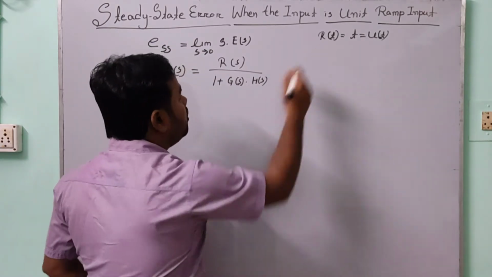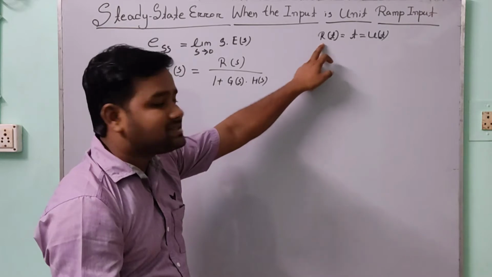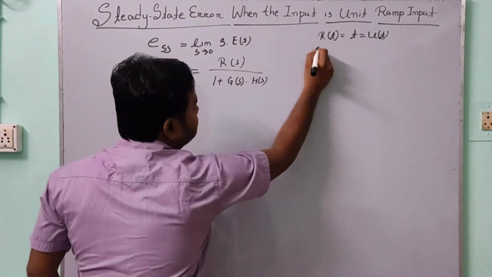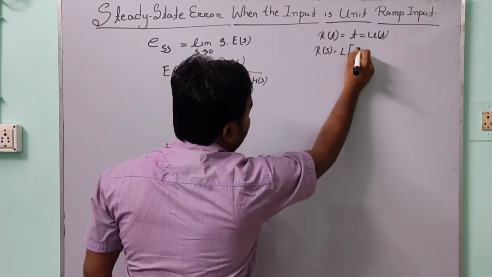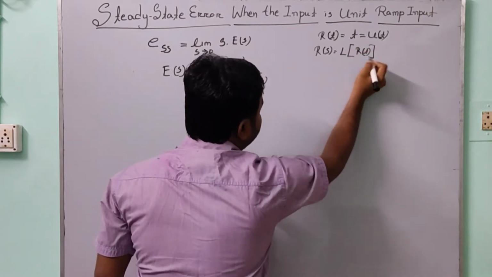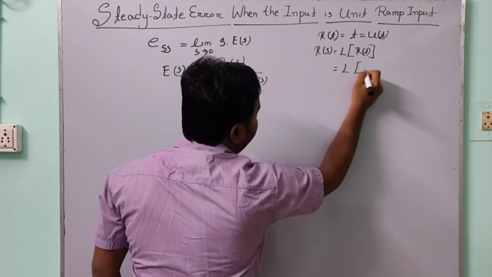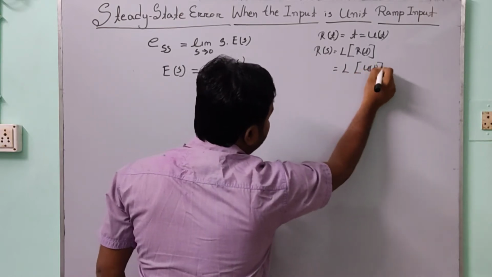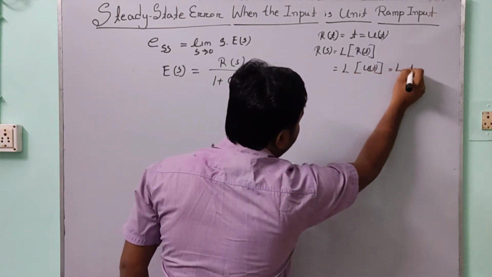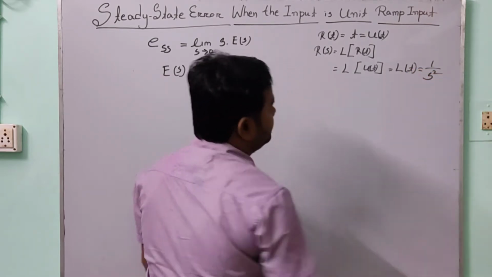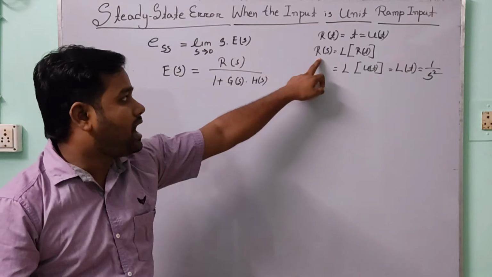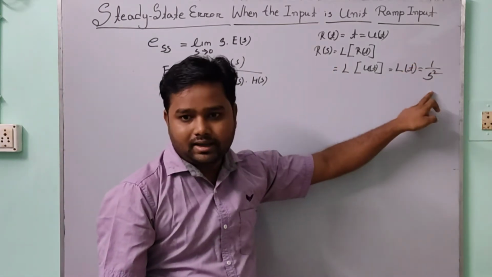We have to find what is R of S. R of S is the Laplace transformation of R of t, which is equal to the Laplace transformation of t, which is 1 by S square. That implies R of S is equal to 1 by S square.